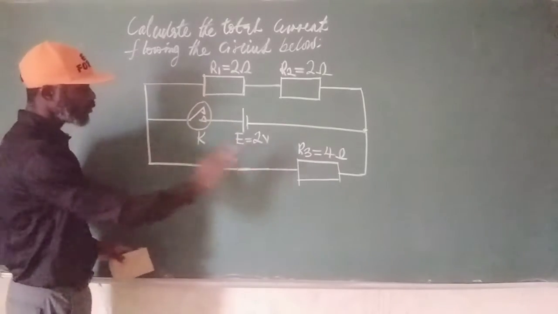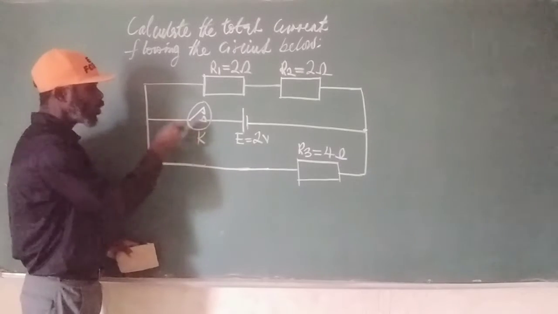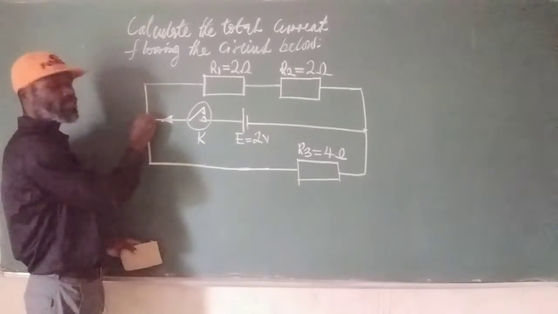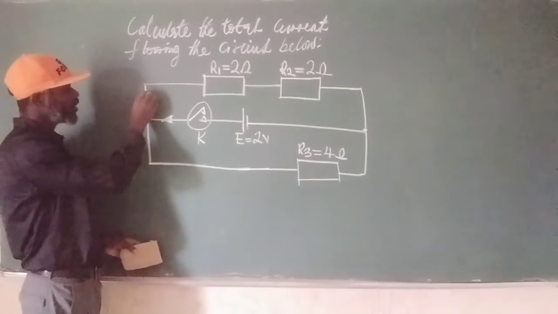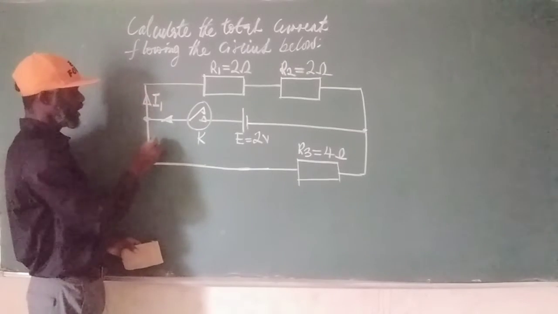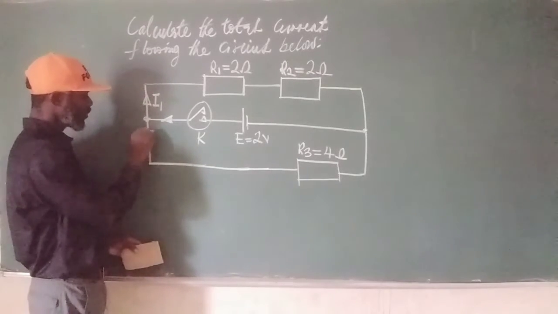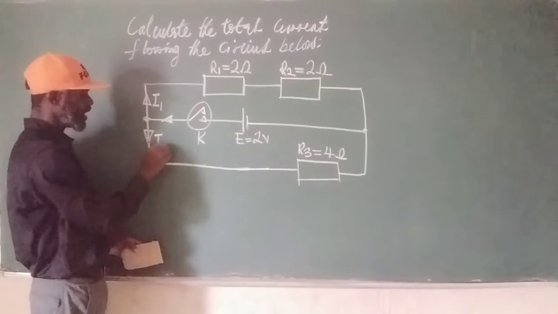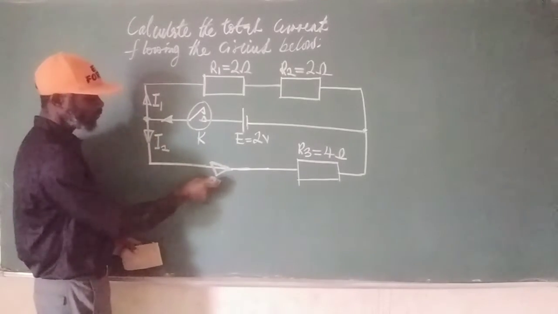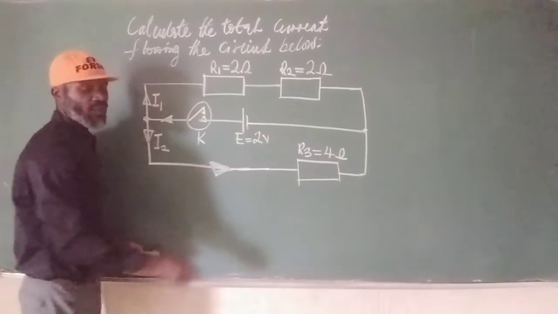Once the key closes, current flows and gets to this junction, splitting into current I1 and current I2.